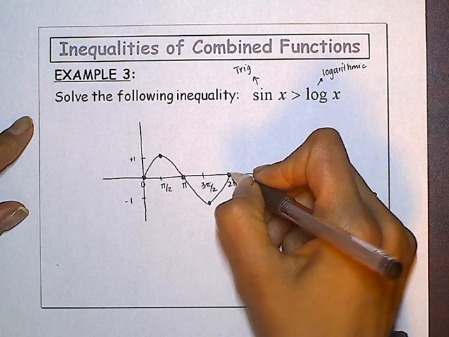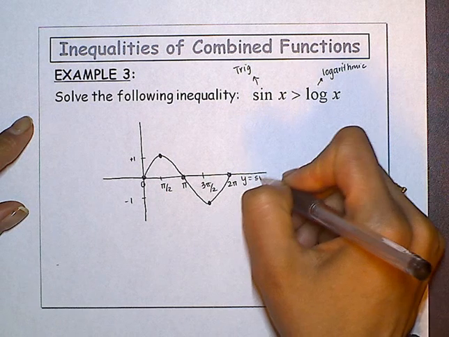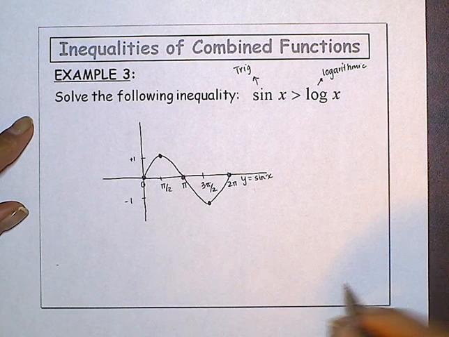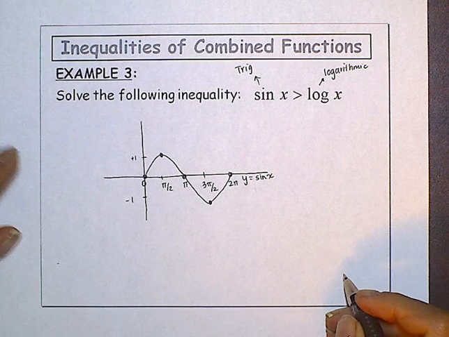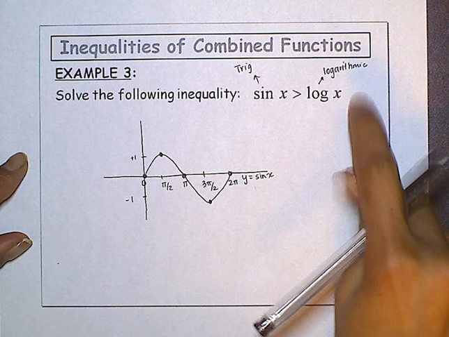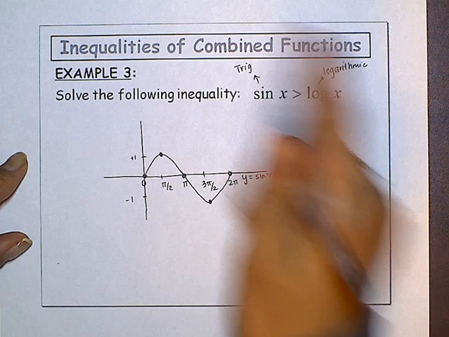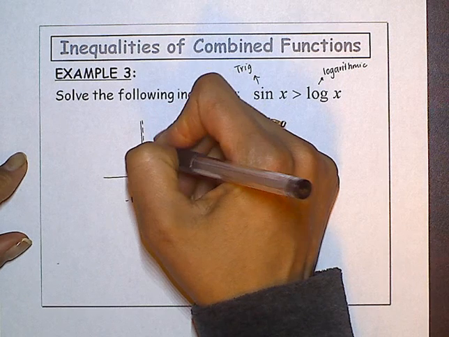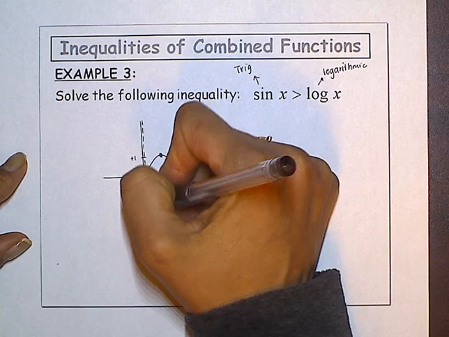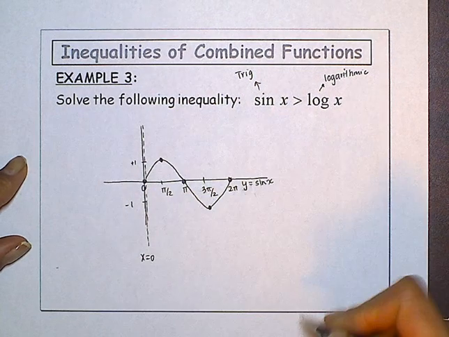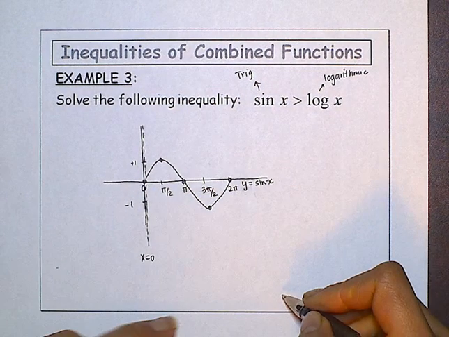Okay, and I'm going to go ahead and graph log of x, and log of x has a vertical asymptote at x equals 0, so I'm just going to draw my vertical asymptote. One of the key points for a log of x function is that log of 1 is equal to 0, and I have to figure out where 1 is on the x-axis.